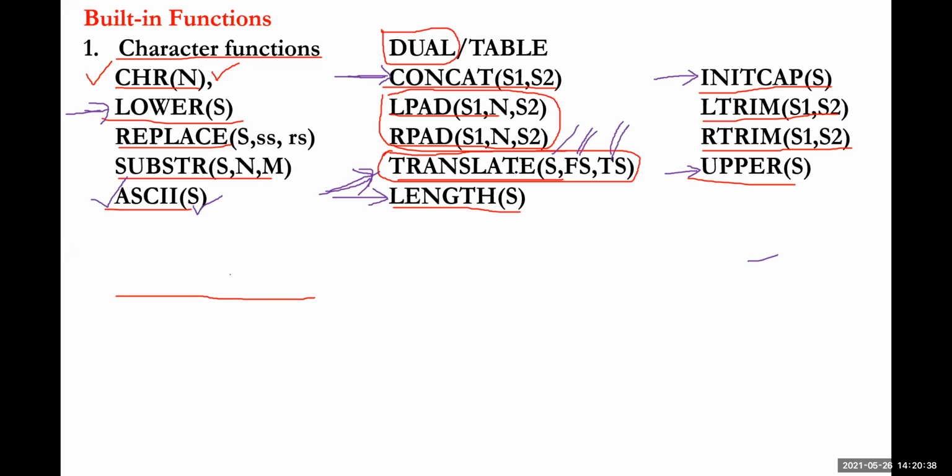This string is a complete string, and each and every character within the string has been translated. You can see there is a huge difference between SUBSTR and TRANSLATE. Let me show what SUBSTR is first, then we'll go ahead with TRANSLATE next.